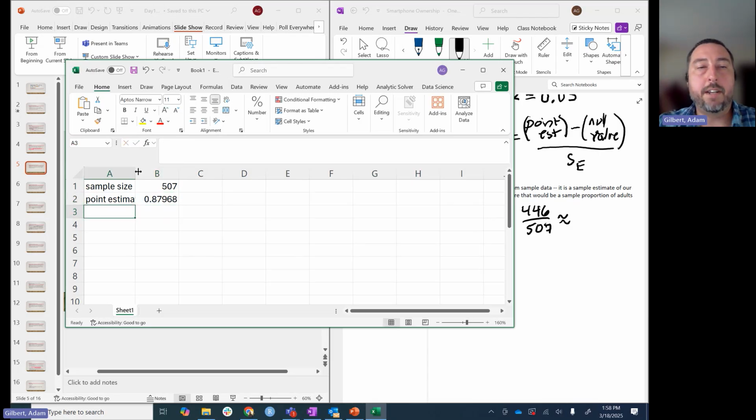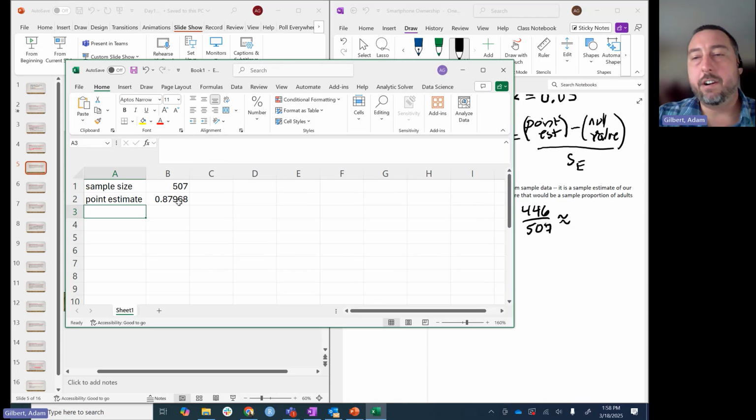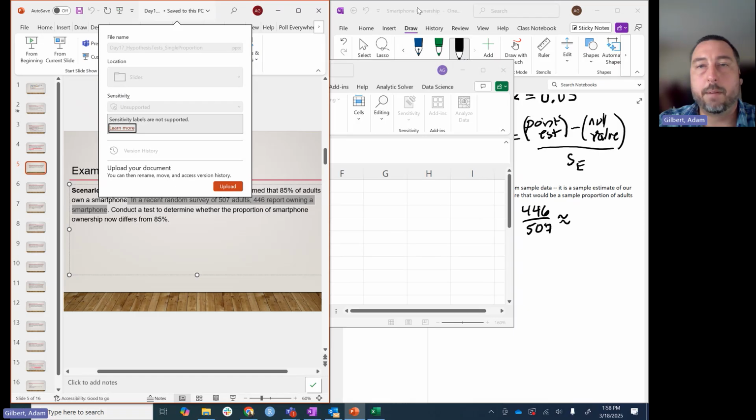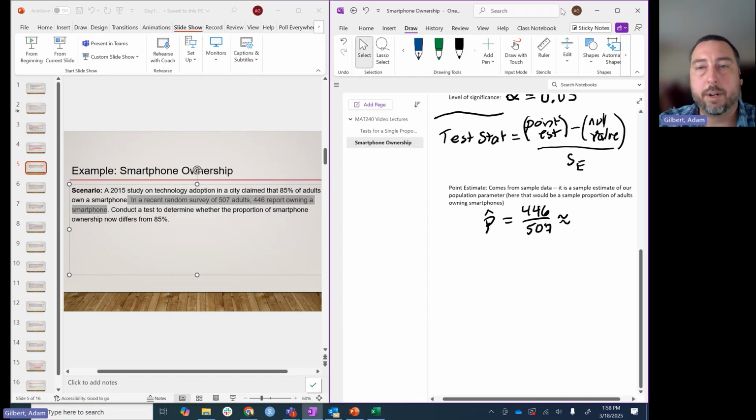There is our point estimate. And we'll come back here in a little bit to calculate our standard error. For right now, we're going to pop back to the scenario and to our OneNote page before coming back to Excel pretty quickly. So the next thing we need is a null value.